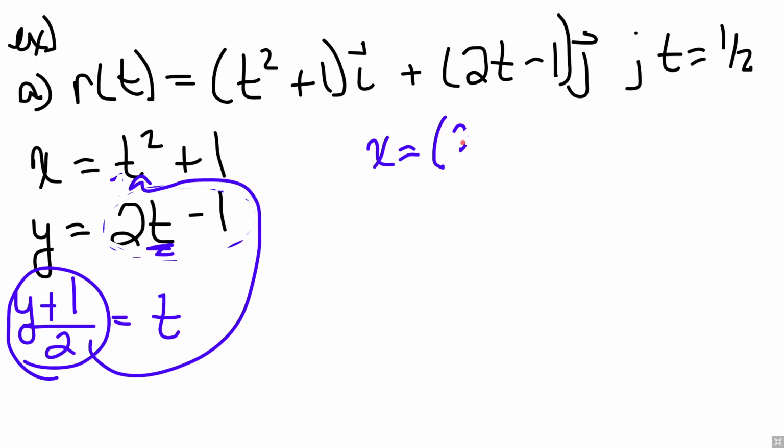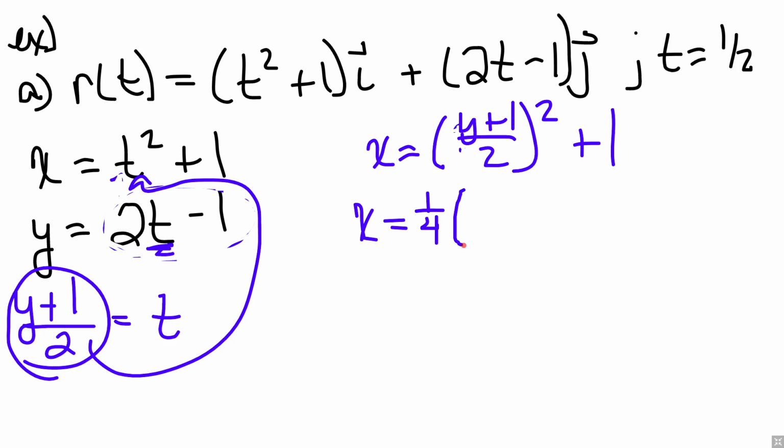So if I do that, I'm going to end up with x is equal to ((y plus 1) over 2) squared plus 1. So x is going to be equal to 1/4 times (y plus 1) quantity squared plus 1. Now I'm just going to clean this up.